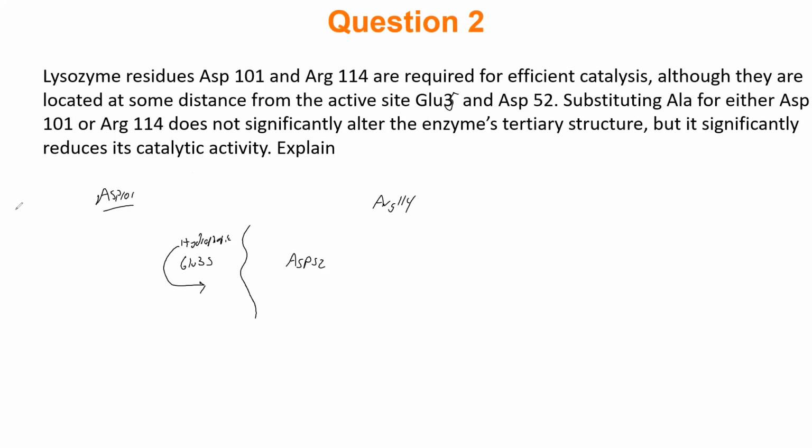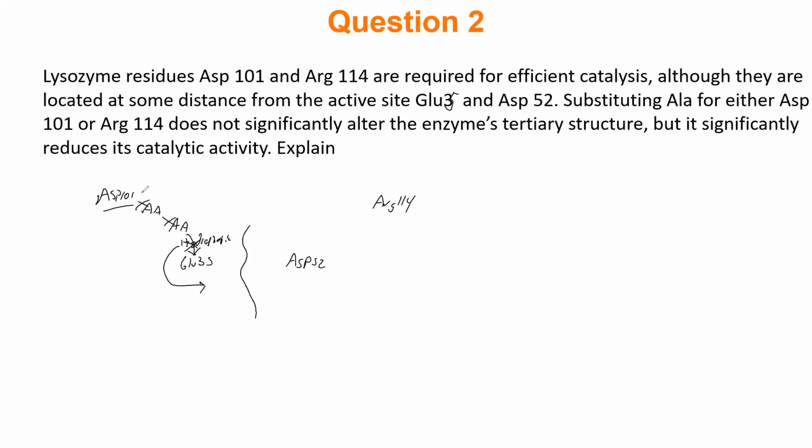So it is possible, for example, that this Asp is interacting with another amino acid, which is interacting with another amino acid, which is interacting with Glu 35. And so if you mutate that Asp away, you kind of break this chain. It is possible you change Glu 35's pKa by doing that. And now Glu 35 is unprotonated.